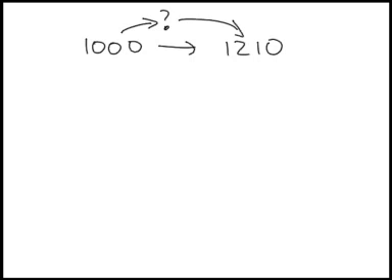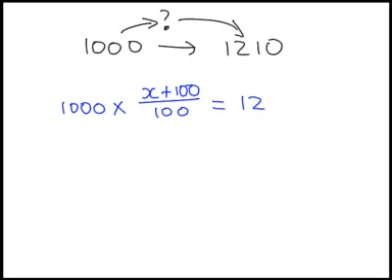So we'll use the following formula: 1,000 times (x plus 100) over 100 is equal to 1,210. Are you still with me? Where x is going to be the percentage that will take us directly from 1,000 to 1,210.